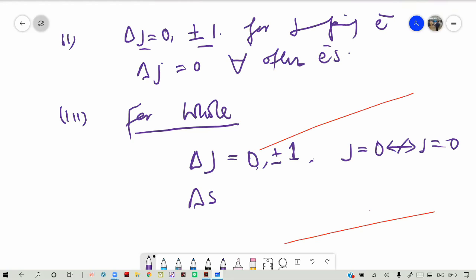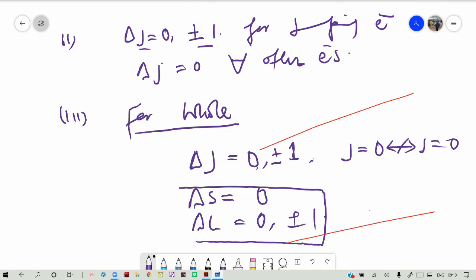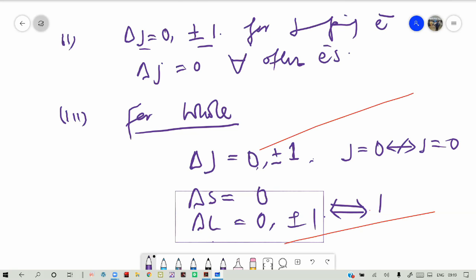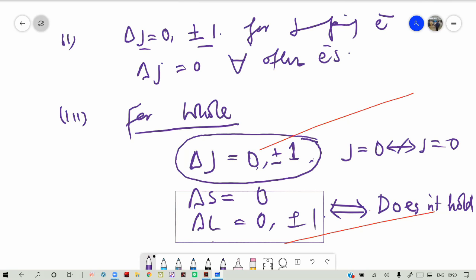Also, delta S is 0, delta L is 0 plus minus 1. These two rules, in the case of a whole atom in general, do not hold. Why? Because we have already included L and S in J, since L and S are coupled to each other.